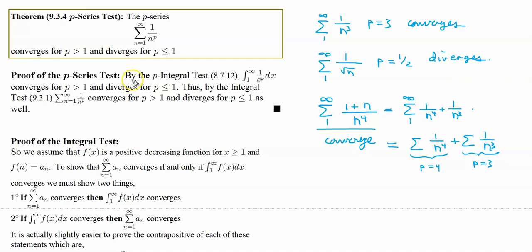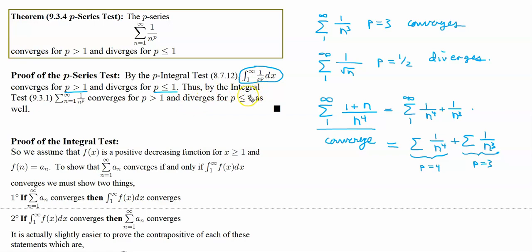It's pretty simple. All we need to do is note that by the p-integral test, which we studied back in section 8.7 when we were studying improper integrals, this improper integral, the integral from 1 to infinity of 1 over x to the p, converges for p bigger than 1 and diverges for p less than or equal to 1. Remember, we had that result.